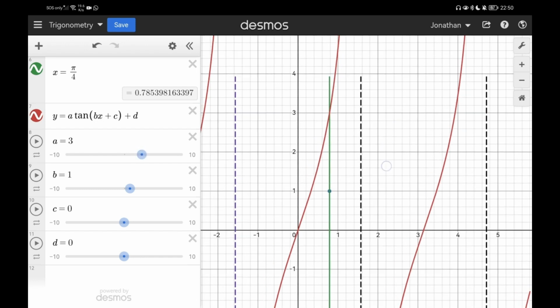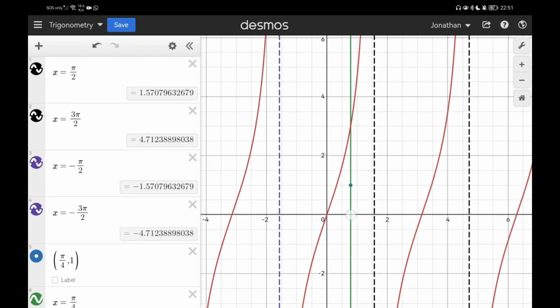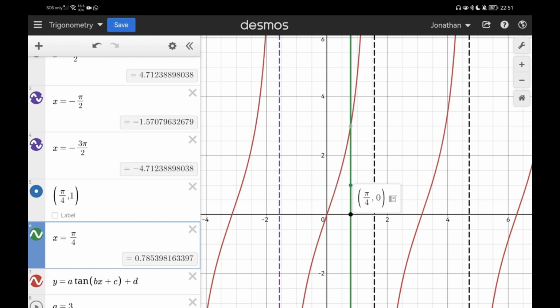You see what happens to the tangent graph over here. So for the same extrapolation of the x-coordinate, if you extrapolate upwards and you intersect the pi over 4 with the tangent graph, as you can see, this is the original coordinates.